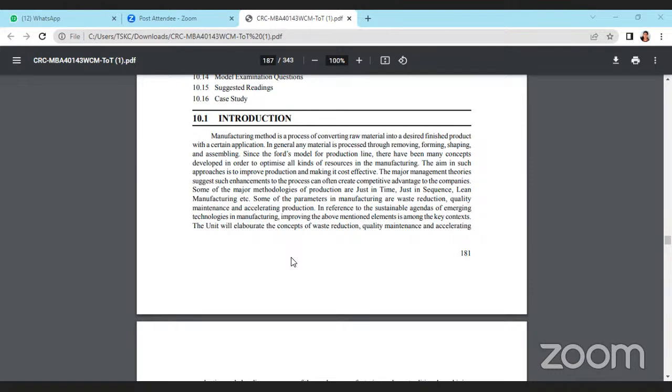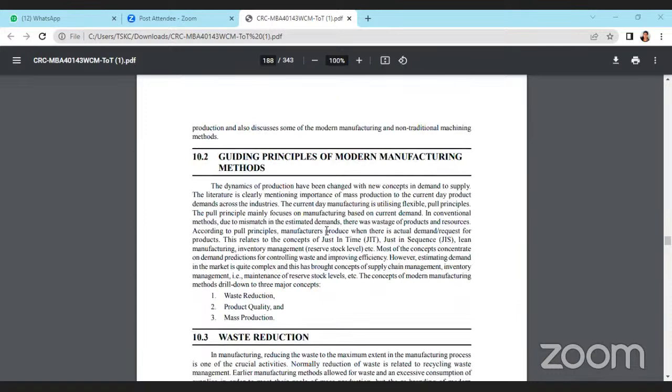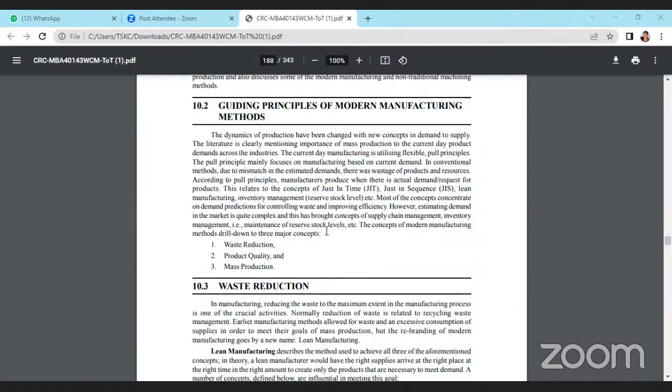Mostly they are using technologies such as JIT, that is just in time, and just in sequence, and also lean manufacturing. These are a few parameters used for waste reduction, quality manufacturing, and quality maintenance. Modern manufacturing asks us to find three concepts, mainly focusing on waste reduction, product quality, and mass production.